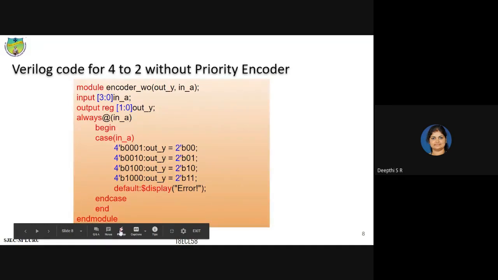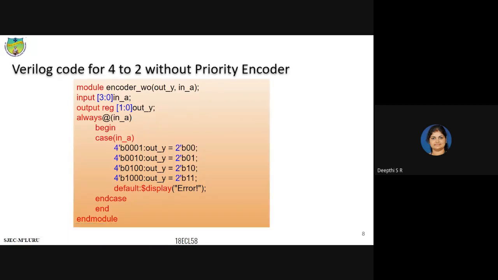Is there any doubt here? Any doubts? Any doubts in writing the behavioral code for the 4:2 encoder?